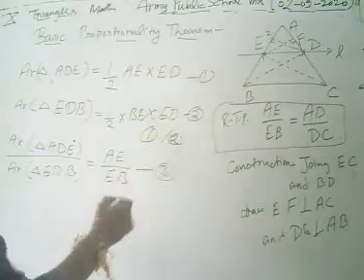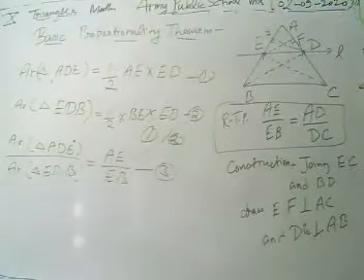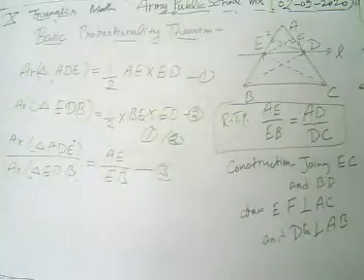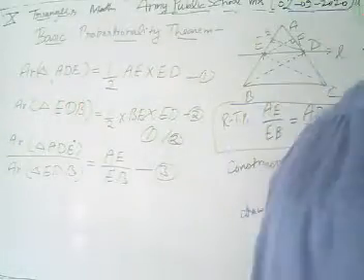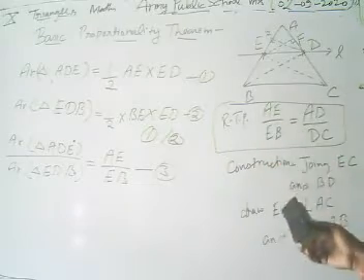Take this as equation number 3. So the area of triangle ADE upon the area of triangle EDB is equal to AE upon EB. This is our required part.